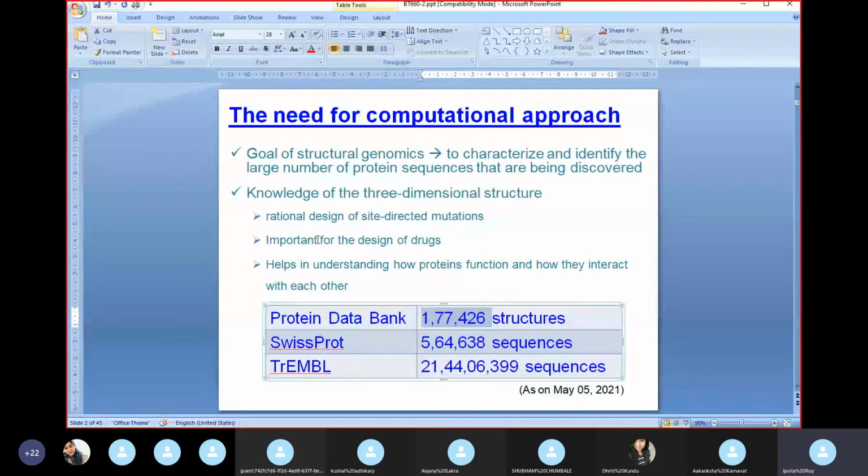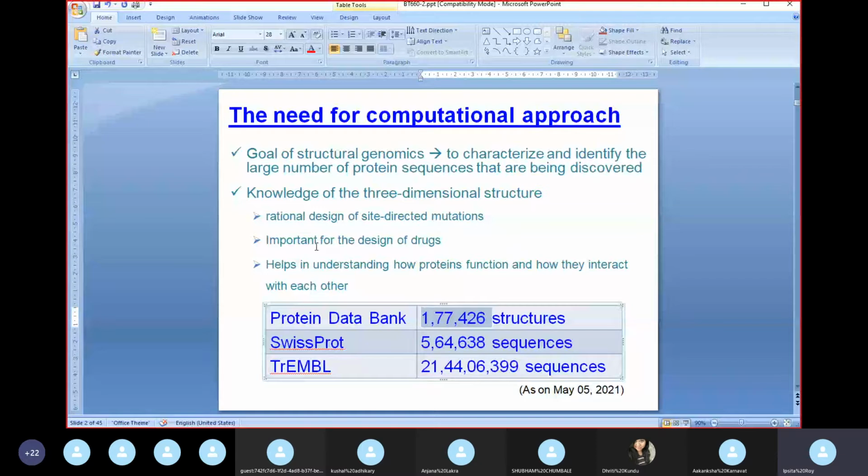If you are able to predict very well how a protein molecule is likely to fold, then let us suppose you want to increase the thermostability of the protein because you have some industrial use. Theoretically, you know that if I change this amino acid to that amino acid, stability would increase.